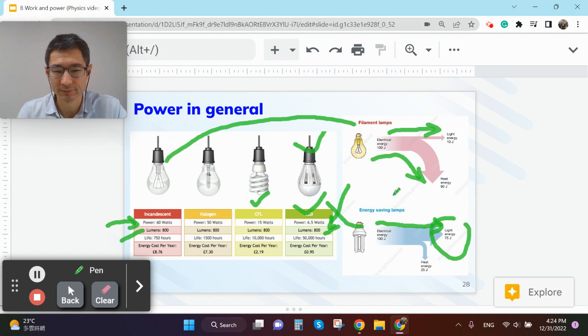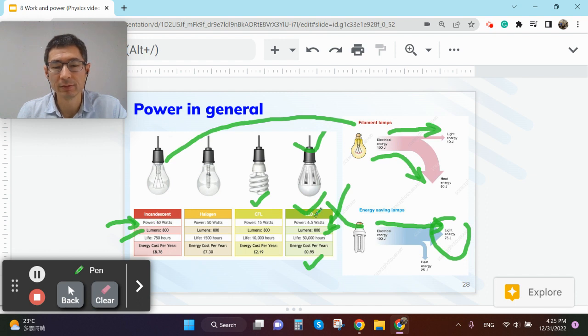LEDs are more efficient, and they have a lifetime of 50,000 hours, which is much more than old filament lamps. That's why over a lifetime the energy cost per year is much less. Almost 7, 8 times.